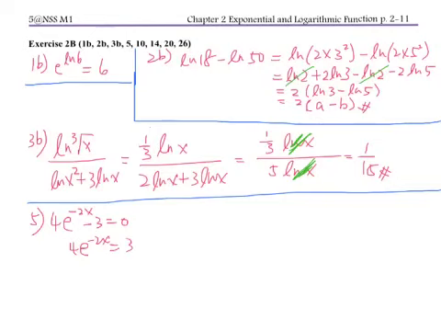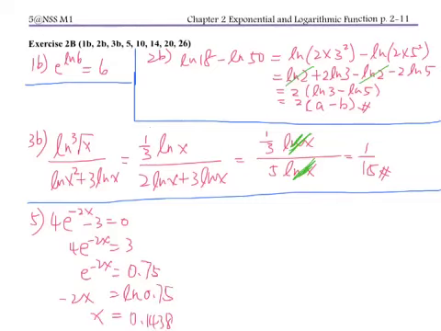So it's e to the power, this part is 0.75, and then negative 2x. ln e means 1, so I don't write it again. Take your calculator, find it. Correct to 4 dp.